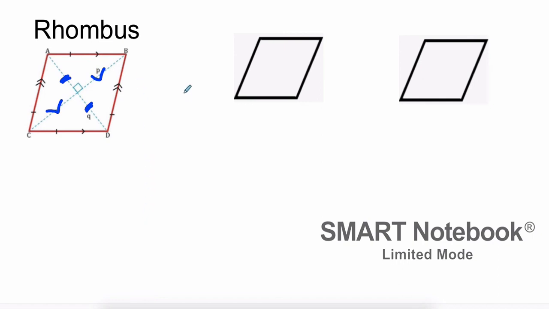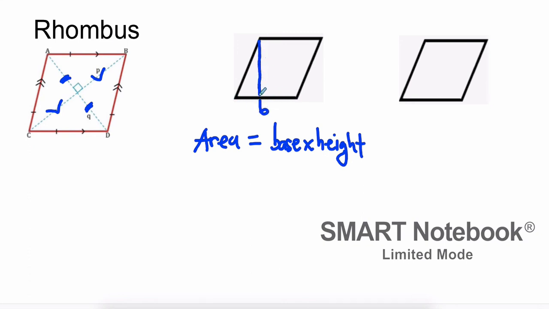Okay, and for the area of a rhombus, you actually have two formulas. The first formula for a rhombus is the same as a parallelogram. You will need the base, and then the height will be taken as the line which is perpendicular to the base. Here you can take it as the height, and then the area will be base times height.